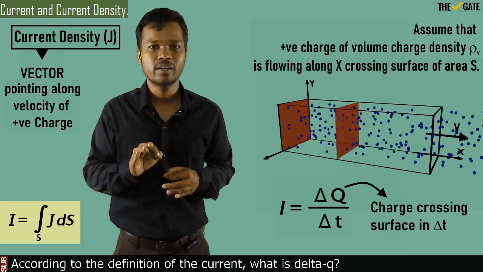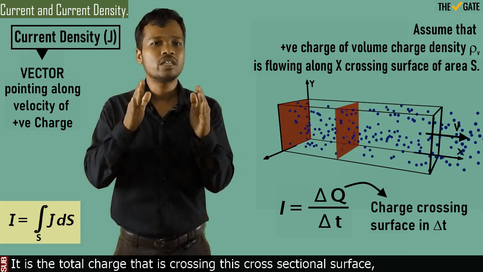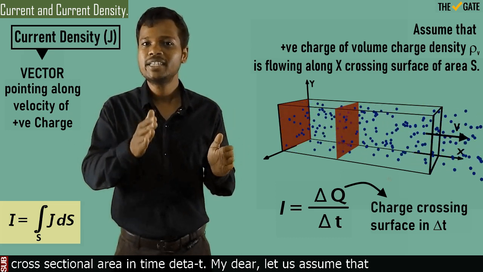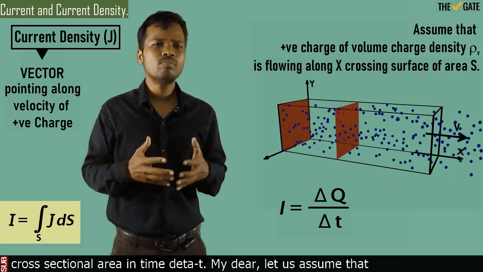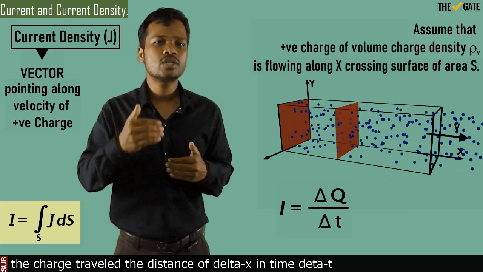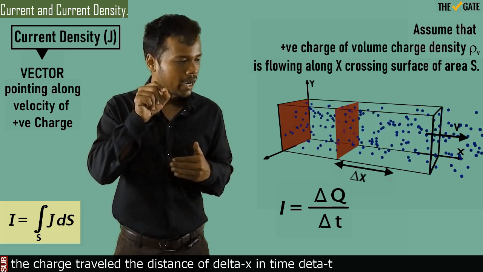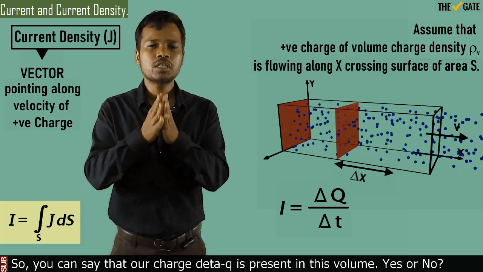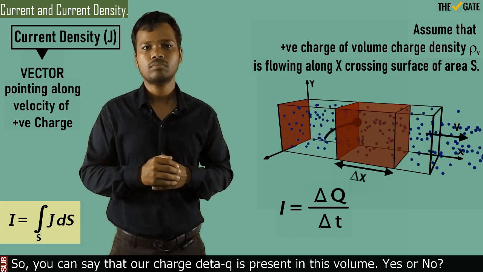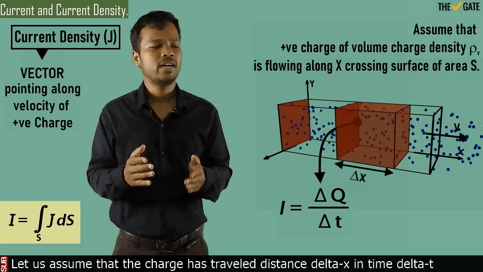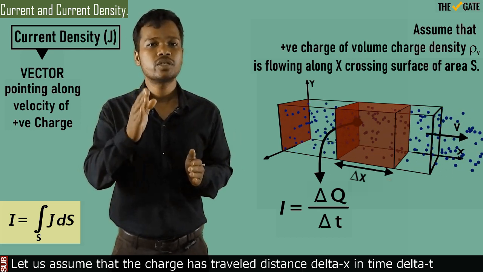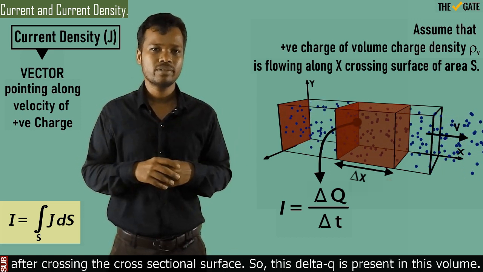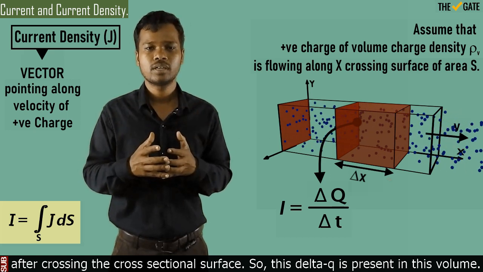According to the definition of current, delta Q is the total charge crossing this cross-sectional area in time delta T. Let us assume that the charge has traveled a distance delta x in time delta T after crossing the cross-sectional surface. So this delta Q is present in this volume.